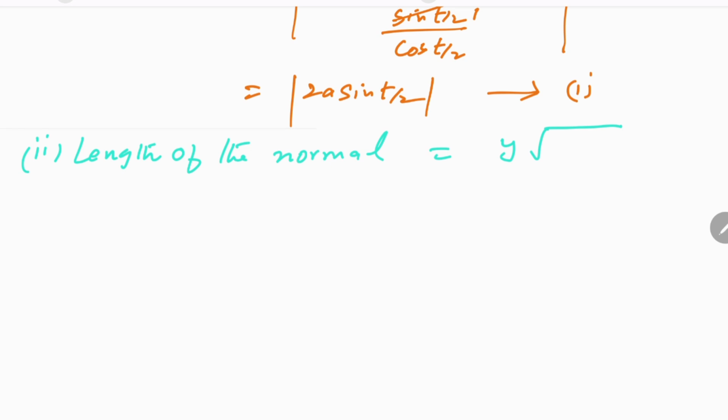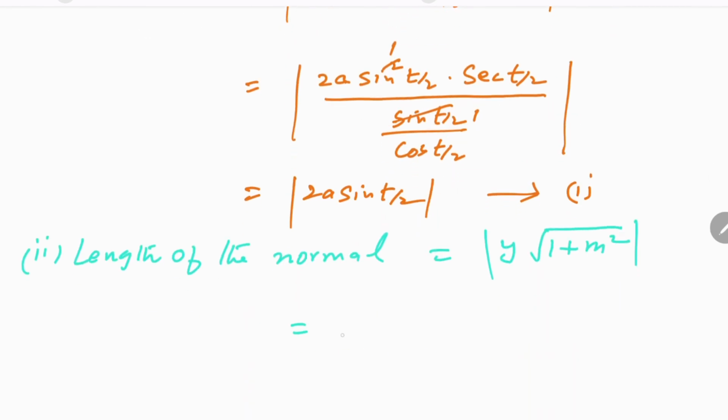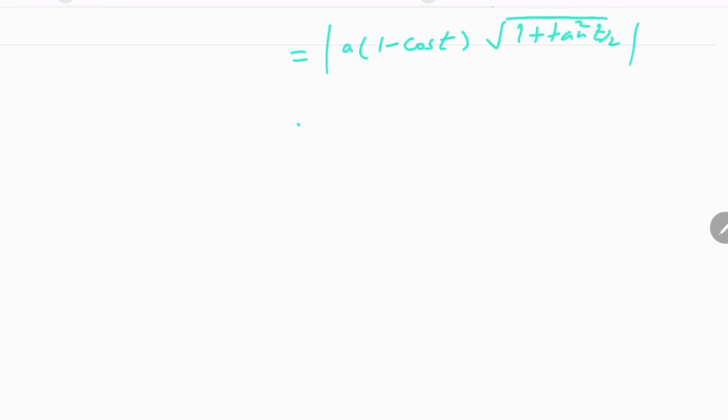It is hidden in the length of the tangent formula only: |y √(1 + m²)|. That's all. y means a(1 − cos t), times the square root of 1 plus tan square t/2, modulus.